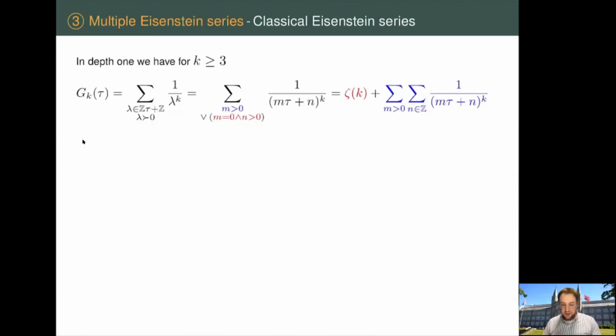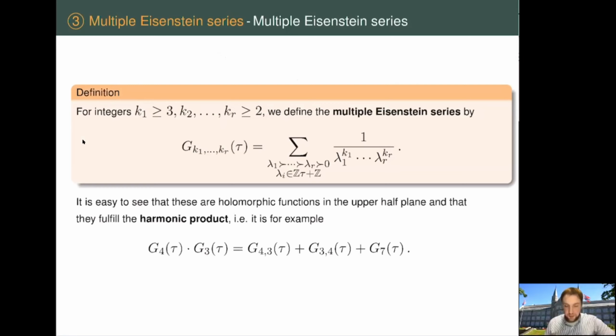And so now I want to go to the Fourier expansion of multiple Eisenstein series. To do this, I first want to recall how we actually calculate the Fourier expansion of classical Eisenstein series. Let me go back to the definition here. For the case r equals 1, this definition extends the definition of Eisenstein series we've seen before a little bit, because in the first definition I defined G_k to be the sum over all lattice points except for 0.